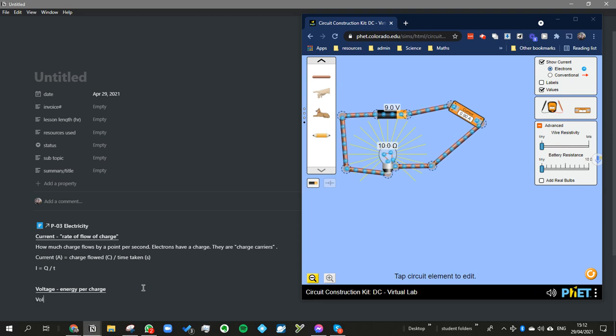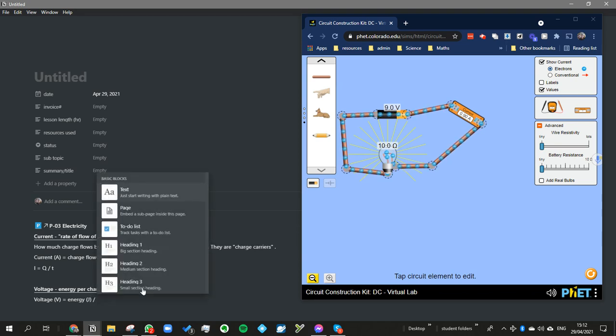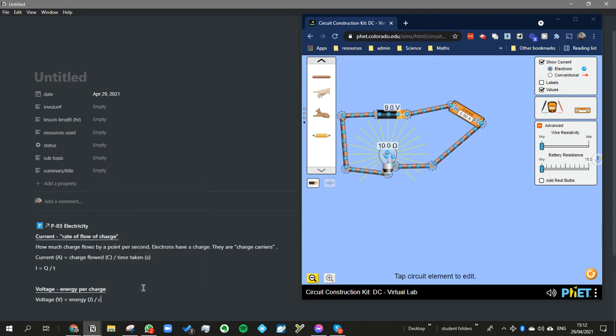So voltage, whose unit is capital V, or volts, is equal to energy per charge: energy, measured in joules, capital J, divided by charge, which is capital Q, which we did earlier on.